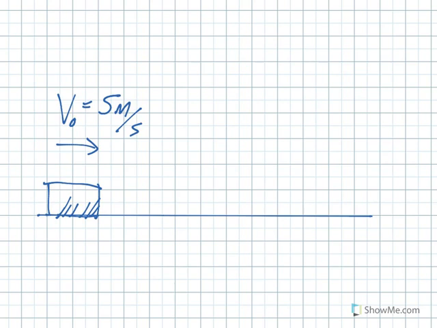Let's say that there's a coefficient of friction between the block and the floor, and that coefficient of friction is mu. We'll put a number on it if you want, 0.5, why not? Once you kick it, you stop kicking it, so it's going to slide a little ways across the floor and then stop. So the question might be, how far will it slide until it stops?